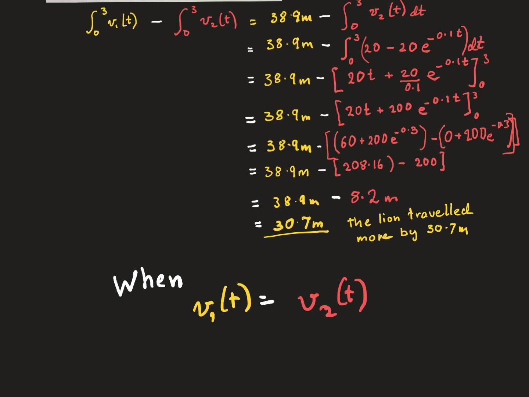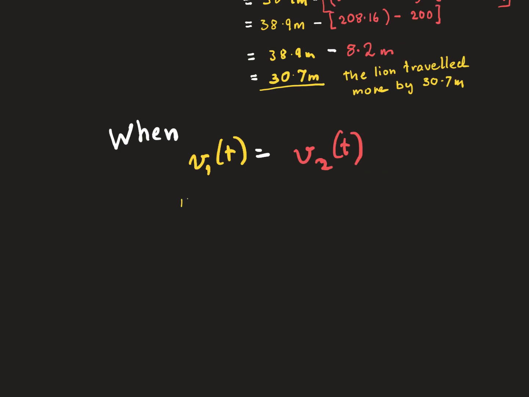So if we want to find out when that happens, we can equate these. 15 e to the minus 0.1 t is equal to 20 minus 20 e to the minus 0.1 t.